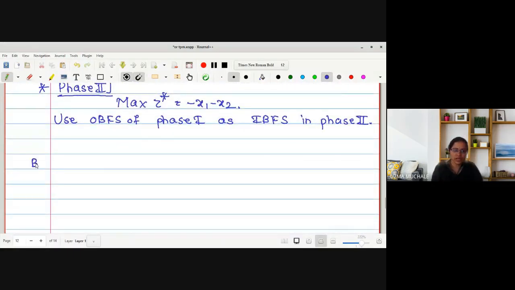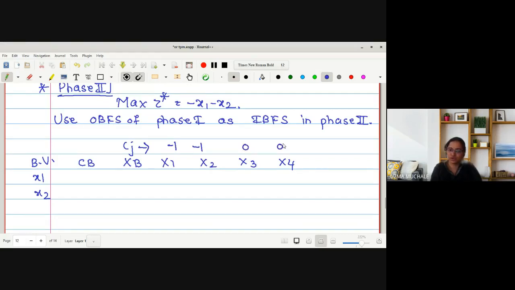A new table I am writing: basic variables, CB, XB, X1, X2, X3 and X4. What are the basic variables? X1, X2. What is Z now? CJ values now: minus 1, 0, 0. Only CJ entries of the last table we will change. Otherwise, we will take all the remaining as they are. Therefore, this is minus 1, minus 1. What are the values we have obtained?